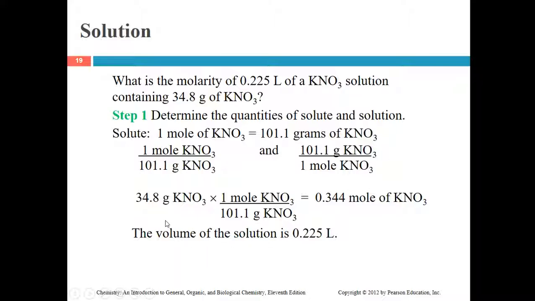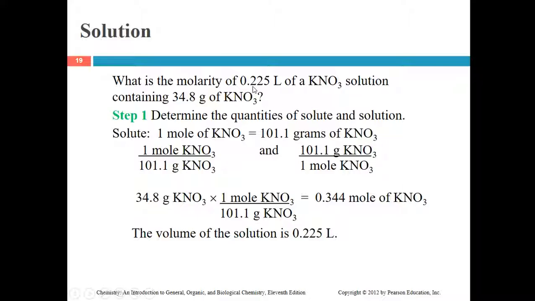So now then it mentions that we have 34.8 grams of potassium nitrate. We need to convert that to moles. So we're going to use the conversion 1 mole of potassium nitrate over 101.1 grams of potassium nitrate. Why? So that the grams of potassium nitrate cancel out. So 34.8 times 1 divided by 101.1 is going to give us 0.344 moles of potassium nitrate.